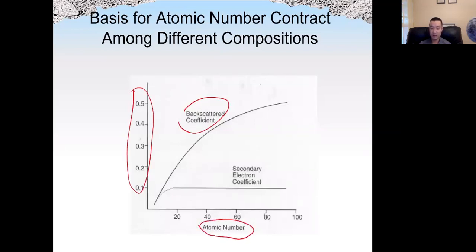So different atoms have different atomic numbers, and based on the different coefficient, we can see different atoms. This is for the backscatter coefficient, but the secondary electron coefficient is not very sensitive to the atomic number.